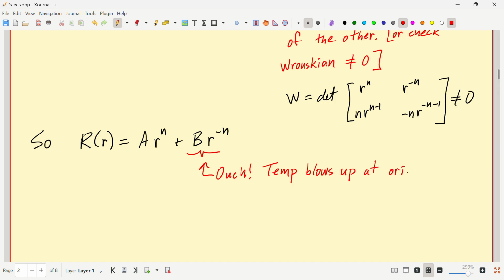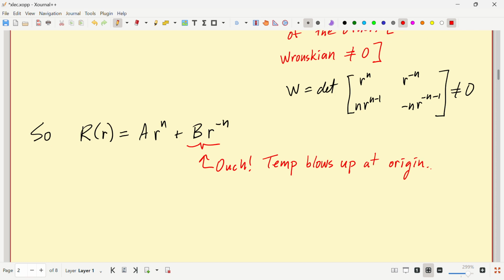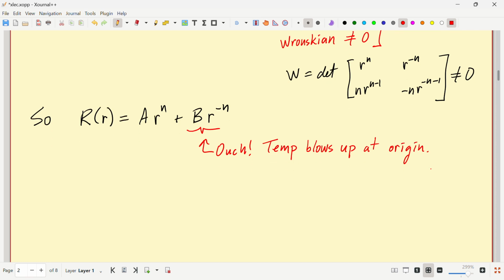And so we're going to use physical considerations. If you make the boundary of your room 15 degrees, or in some temperature range, there's no way it's going to get hotter than hell in the middle of the room. We know temperature doesn't behave like that. And if you start thinking in terms of Kelvin's law of heat flow and conservation of energy, we're going to rule that solution out.